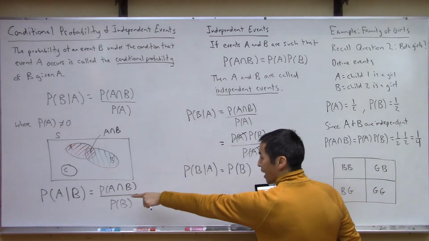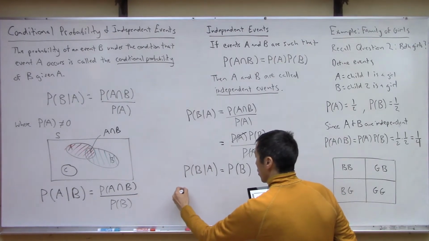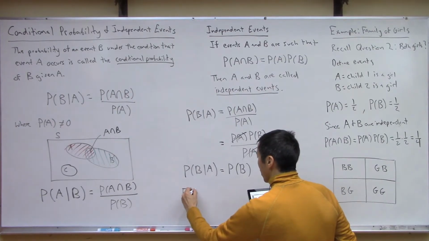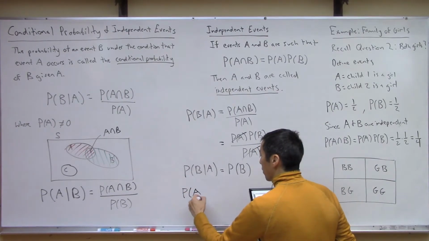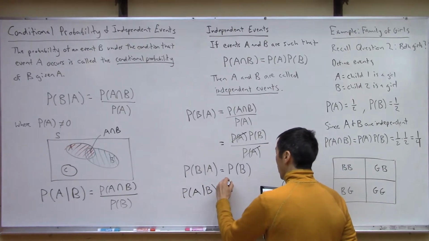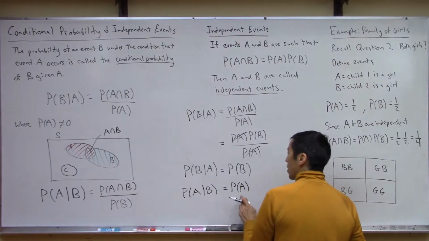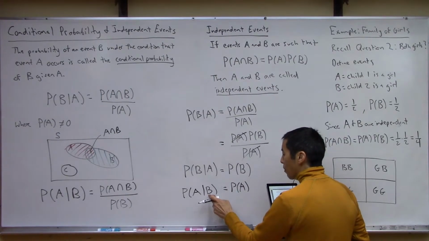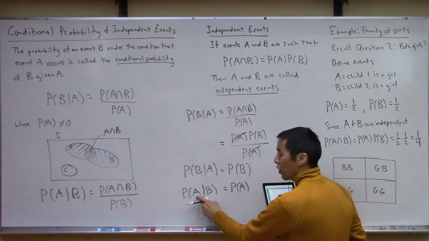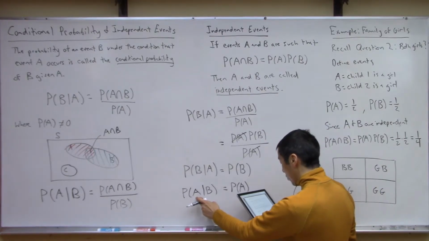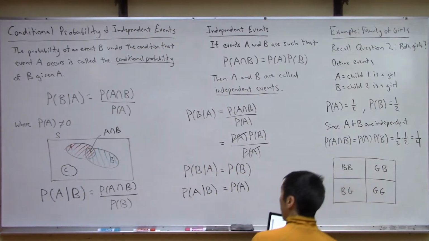And you can do the exact same thing for our other expression, where you look at the probability of A given that B has occurred, and you'll end up with the exact same thing. This is now the probability of A. So in this case, the fact that event B occurred told you nothing about event A. So that's the idea of independent events.